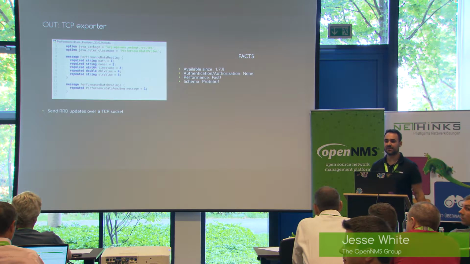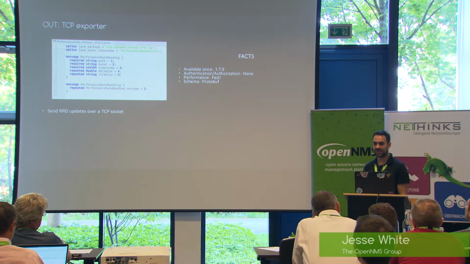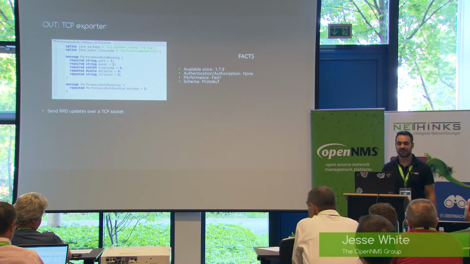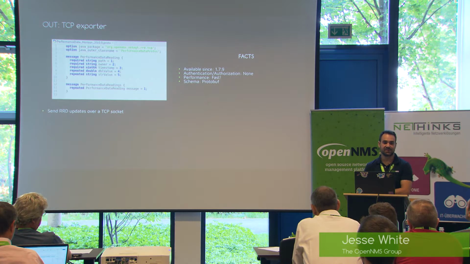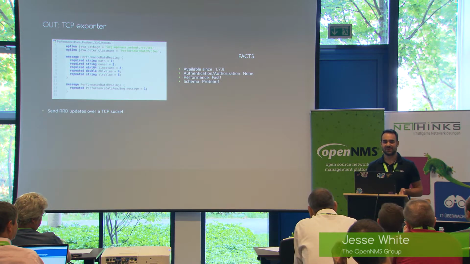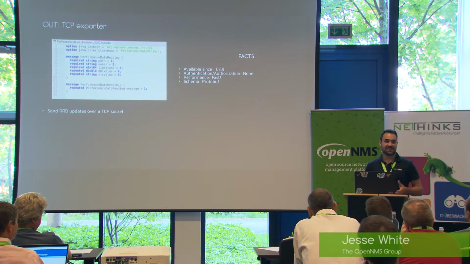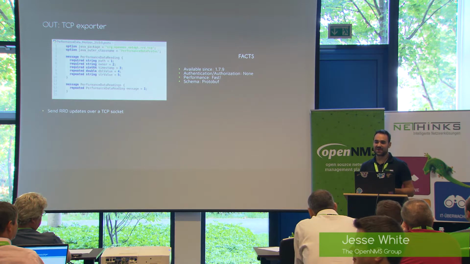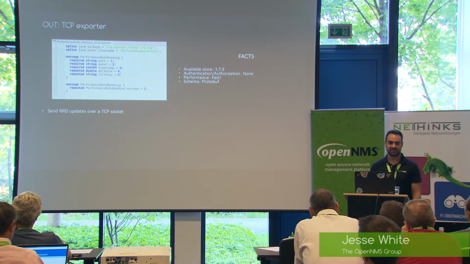Yep, go ahead. So the question there is, are you able to send JSON structures for the performance data? And the answer there is yeah. We don't have support for that built in because there's no real standard way of formatting the JSON metrics as far as I know, but it could be added reasonably easily.